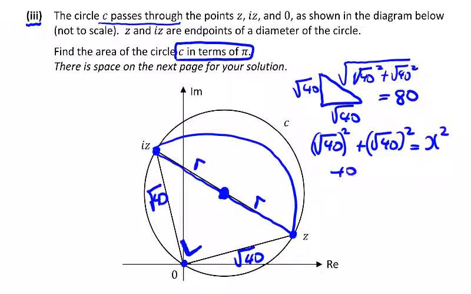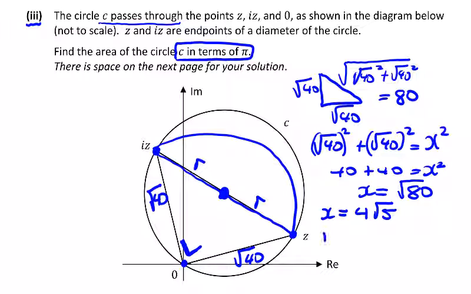So 40 plus 40 is equal to x squared. So x is going to be the square root of 80. So x is equal to 4 root 5 in its simplest terms. So the radius is equal to x over 2. So the radius is going to be 2 root 5.